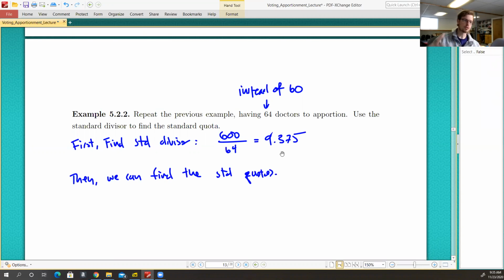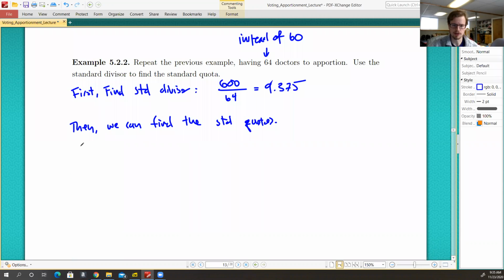To find the standard quota, we take the population of the individual group and divide it by the standard divisor. So for clinic A, the standard quota is given by the 60 patients they see a week divided by 9.375, the standard divisor.